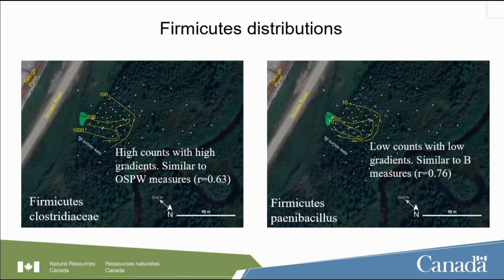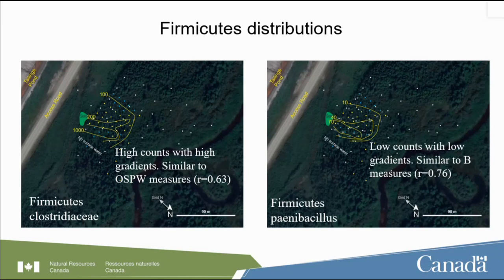So we take it back to this. What you see, interestingly, is that this Firmicute tends to mirror a very rapid attenuation, just like the OSPW measure, and it has a nice correlation. Whereas this Firmicute tends to mirror much more the boron concentration, a much more gradual dissolution.